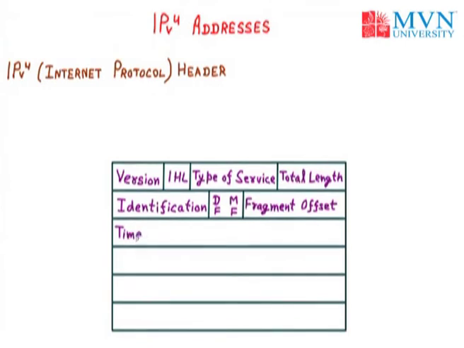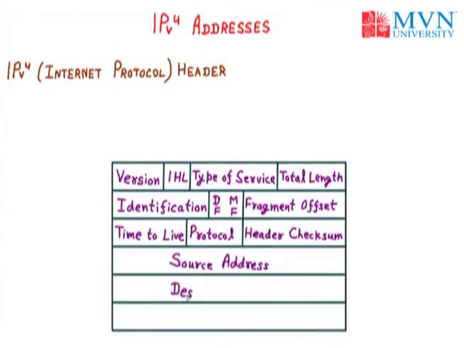In the third row we have time to live, protocol, and the last field in the third row is header checksum. Now the fourth row has the source address, the destination address, and the last one is options. Now that is the complete IPv4 header.